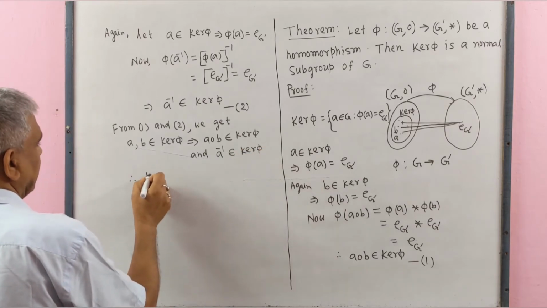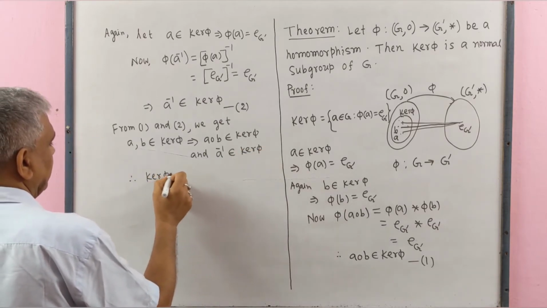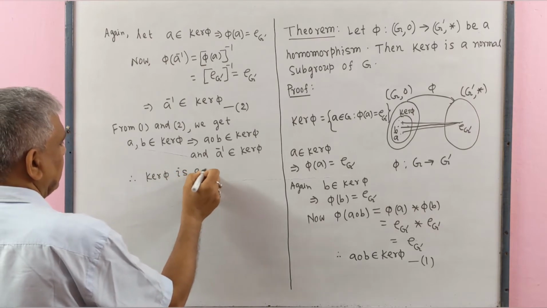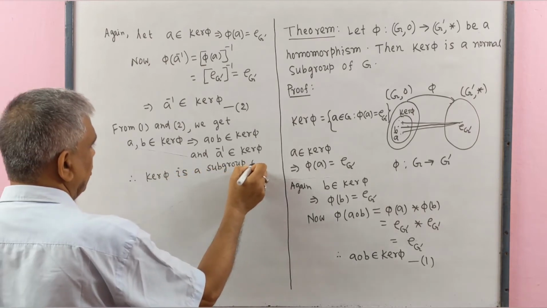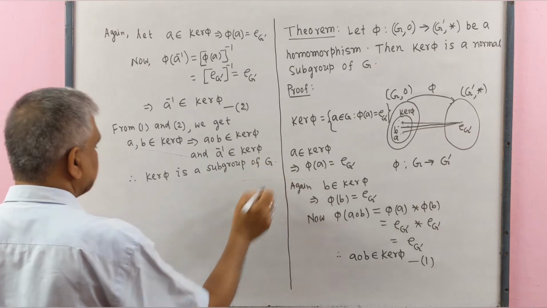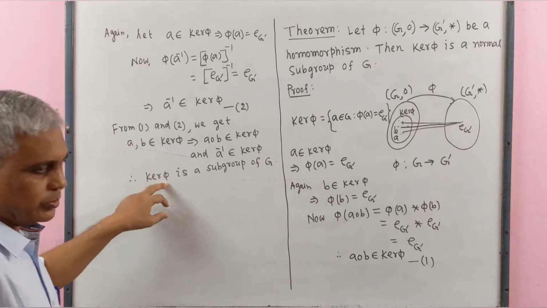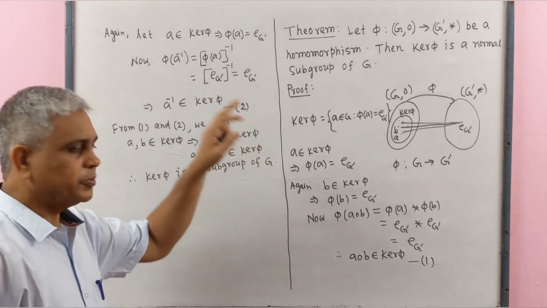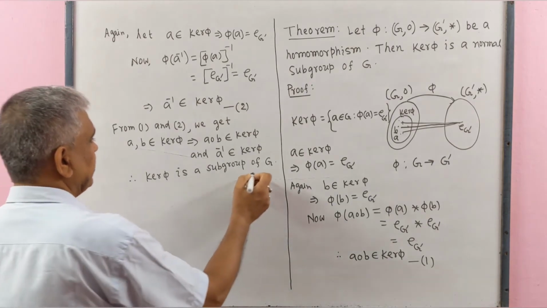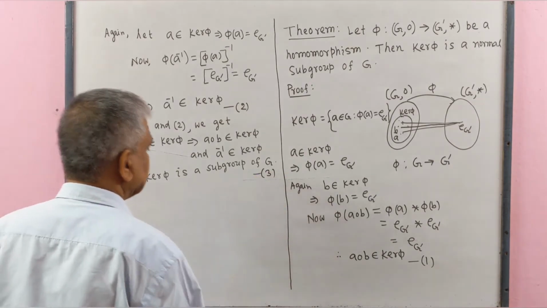Therefore, ker phi is a subgroup of G, that is, the kernel of homomorphism phi is a subgroup of G. This is number 3.